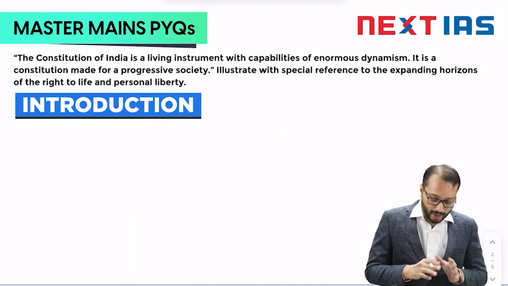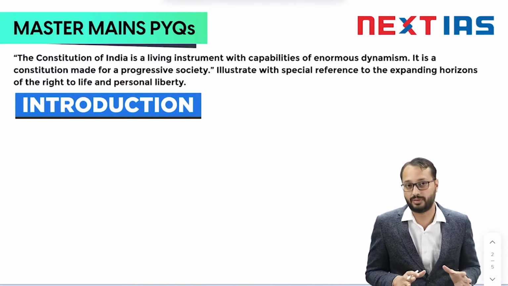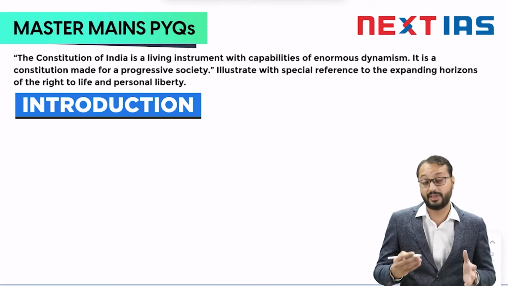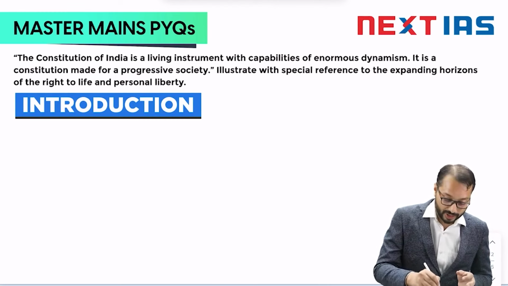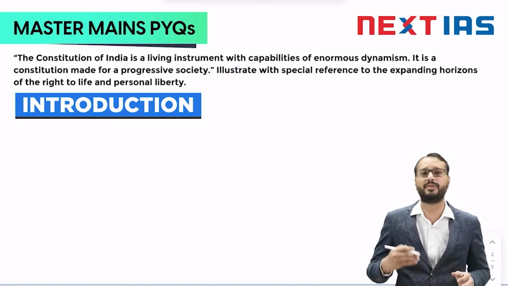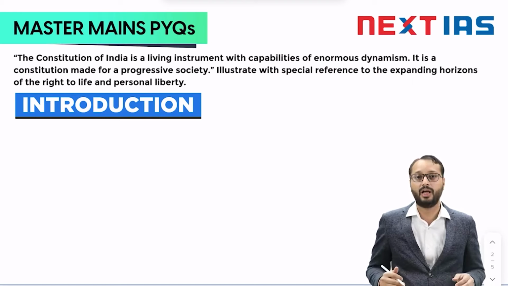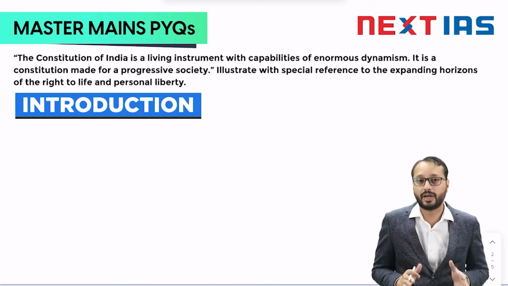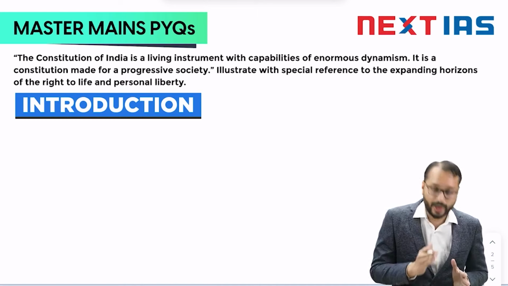Now, if you categorize this question, UPSC usually asks three categories of questions. Sometimes you'll find a direct question, sometimes an opinion based question, or a context based question. So this particular question here is a context based question. You can look at the question.